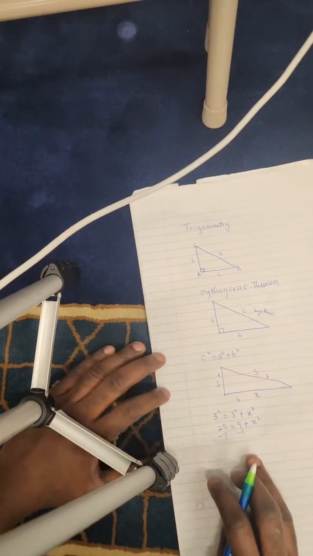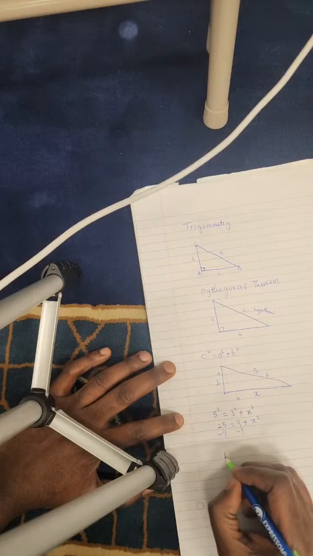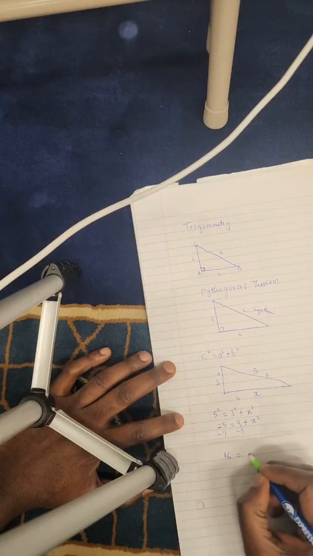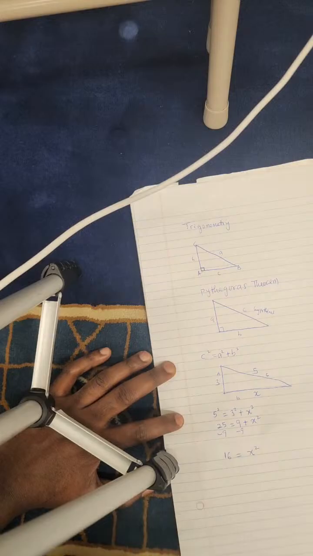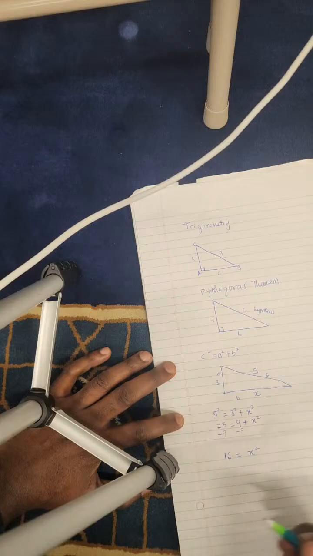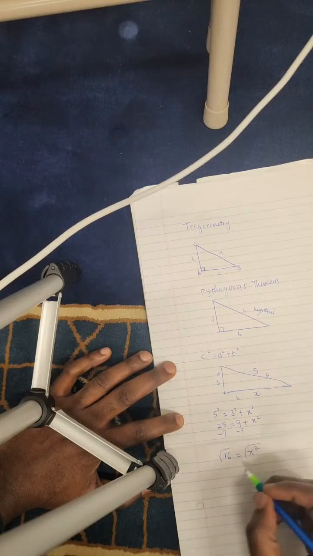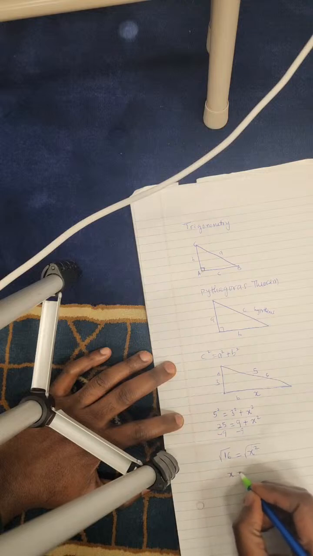And if you do that, 25 minus 9 is going to give you 16, equals x squared. So now from here, can you suggest what to do? You have squared on this side, you have 16 on this side. The next thing we have to do is to what? Square root both sides. So here you can say that your x is 4.